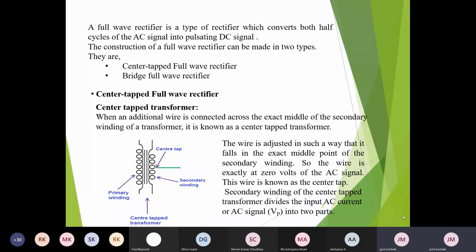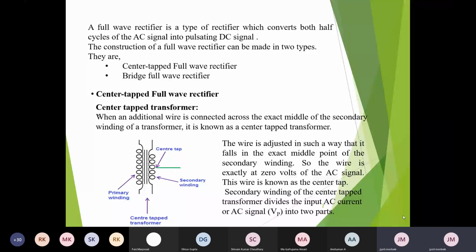Now, as you can see on this screen, slide number 2, this is a center tap transformer. Center tap connection is available at the secondary winding. Primary windings are the same as those of a regular transformer. Two connections, upper and lower, are directly connected to the AC main supply, 230 volt and 50 hertz.